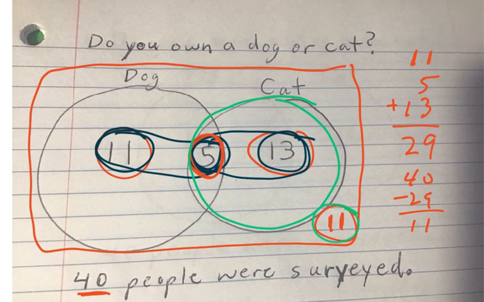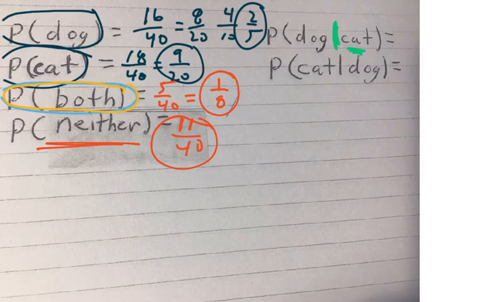They have neither of them. So that leaves us the 18 that actually own a cat. Out of those 18, how many of them own a dog? These 5, right? So that's why we would say 5 out of the 18.